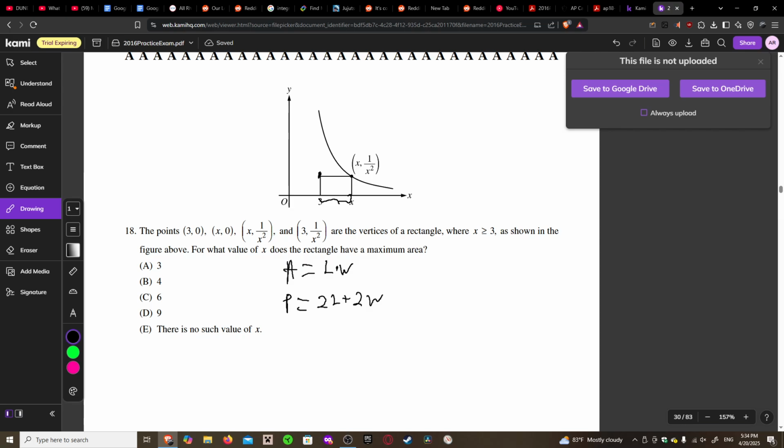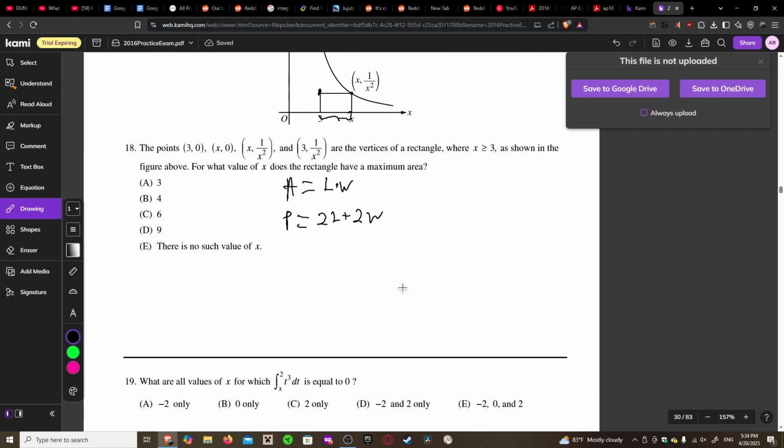No, we're looking for one specific thing, meaning that I would have to do... I'm confused. Optimization problems. I barely did any optimization problems. A equals L times W.